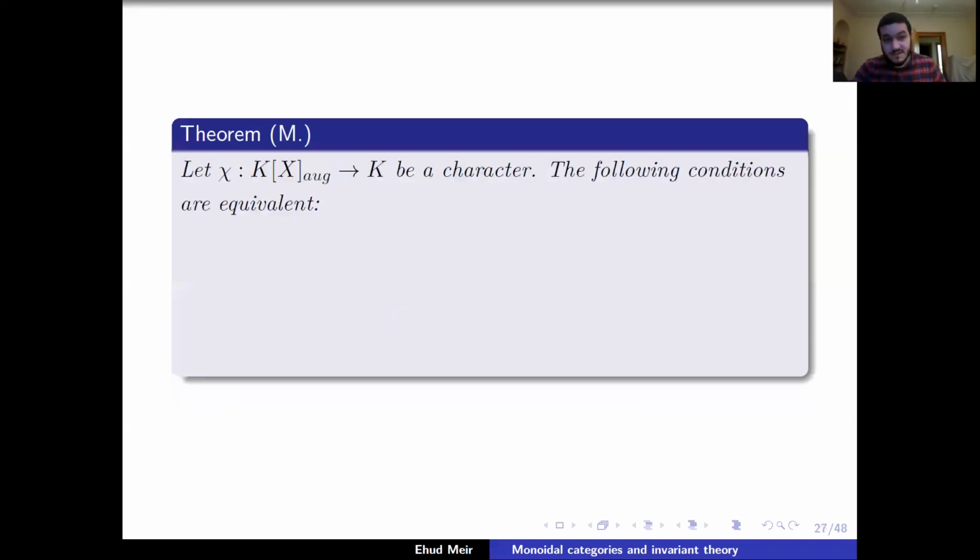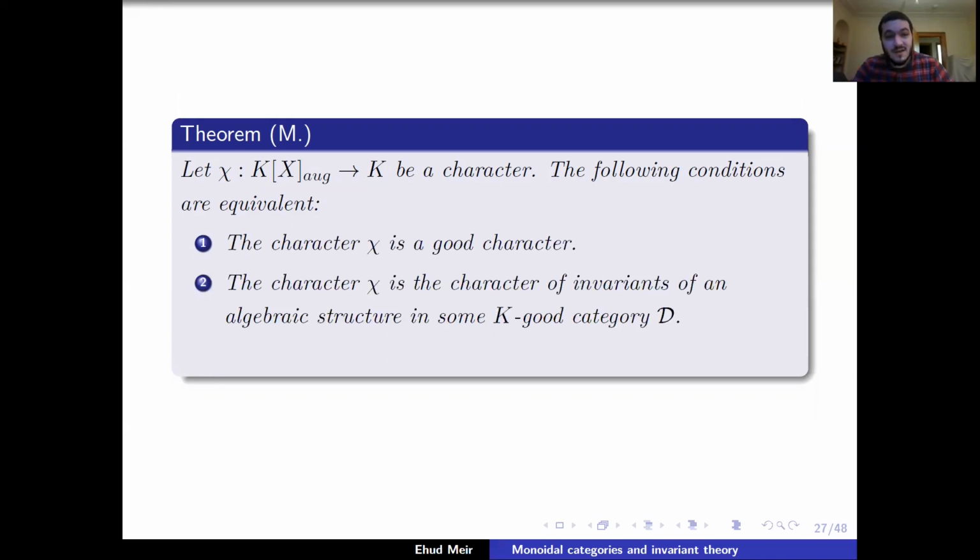Okay, and here's what happens: if we have a character, then the following conditions are equivalent. First, the character Chi is a good character, it satisfies the two conditions from the previous slide. Second, the character Chi is the character of invariants of an algebraic structure in some K-good category. And third, the category C_chi itself is K-good and semi-simple.